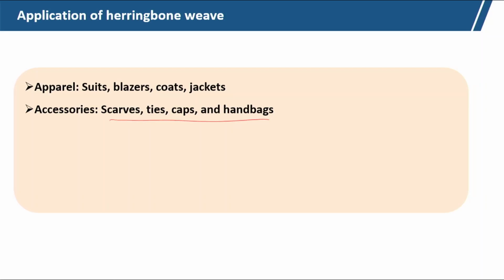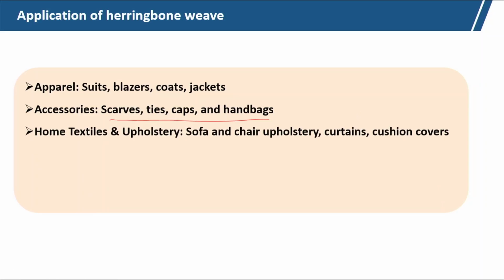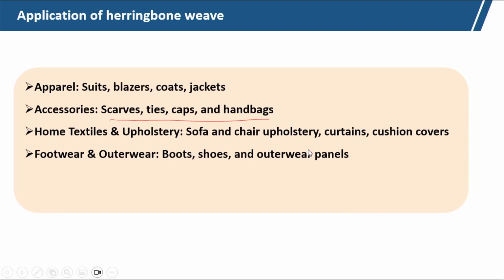Very decorative handbags are very commonly used. Home textiles and upholstery, sofa cover or chair upholstery, curtains, cushion cover. There we use the herringbone weave. Footwear we use very commonly, boots, shoes, outerwear, luxury and heritage fabrics.